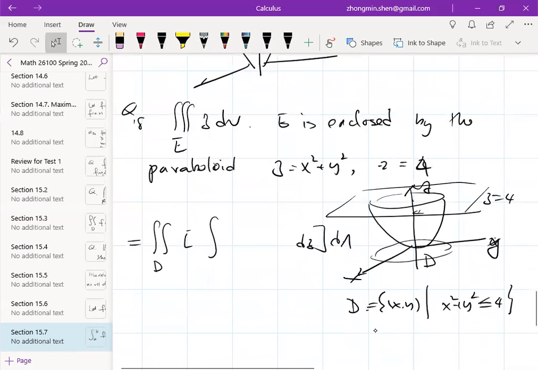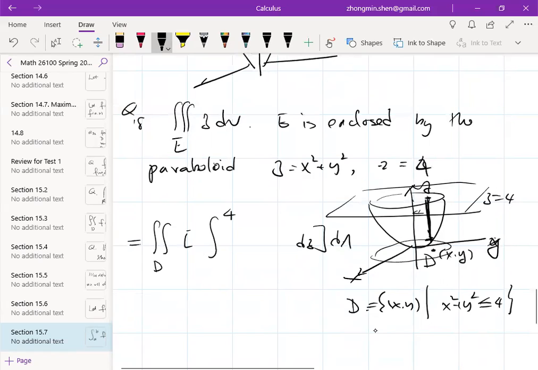So for every point x and y in D, I have to draw a vertical line going through the solid. I want to determine the upper bound for z and the lower bound for z. Clearly, the upper bound for z is going to be 4.